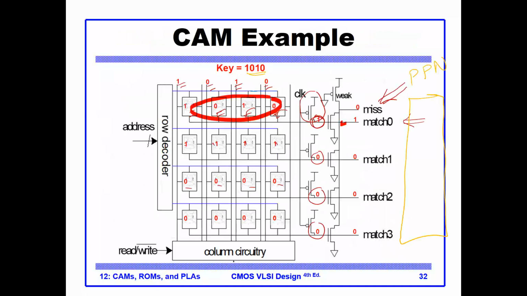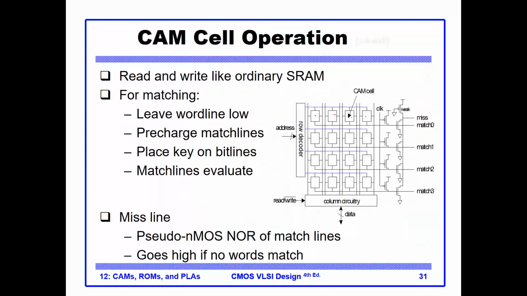Now I need to access the very first word because I will get my physical page number. The physical page number is not in location 1, 2, or 3; it is in location 0 because I matched the virtual page number in location 0.